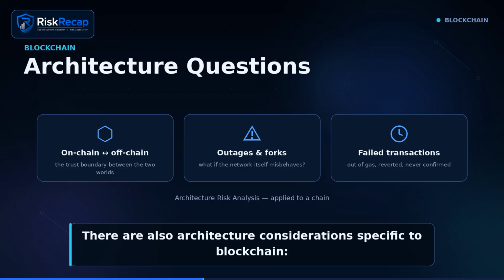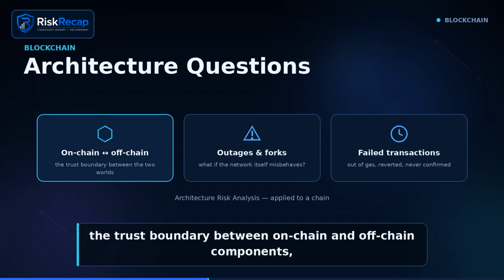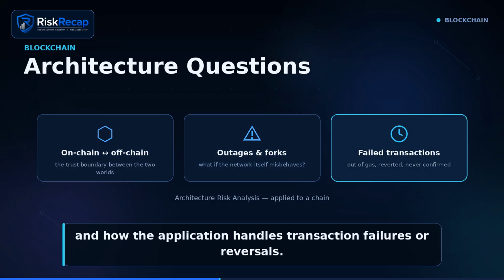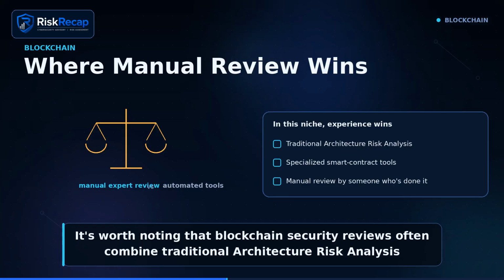There are also architecture considerations specific to blockchain, the trust boundary between on-chain and off-chain components. What happens if the blockchain network itself experiences an outage or a fork, and how the application handles transaction failures or reversals.